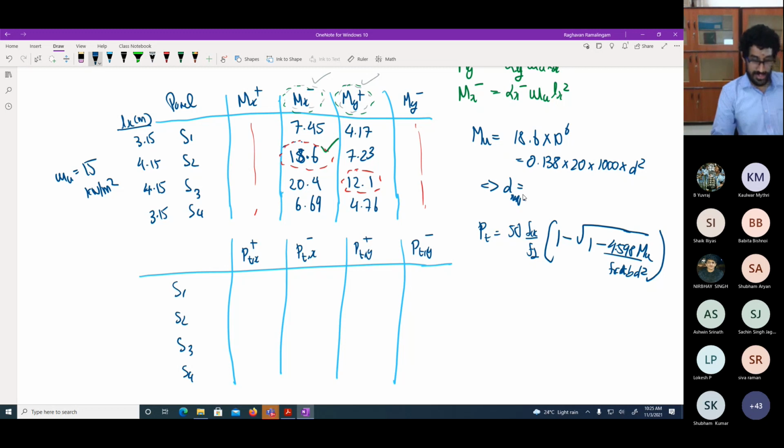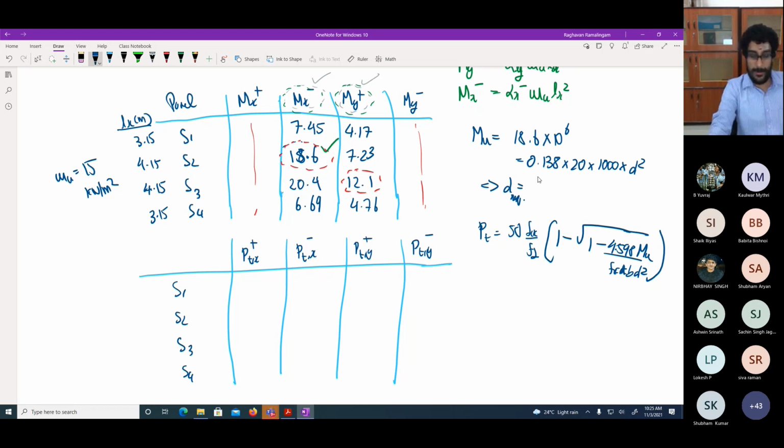So how much is the depth required? What is coming? How much is the required depth that you get? Quick. We need to close the class.